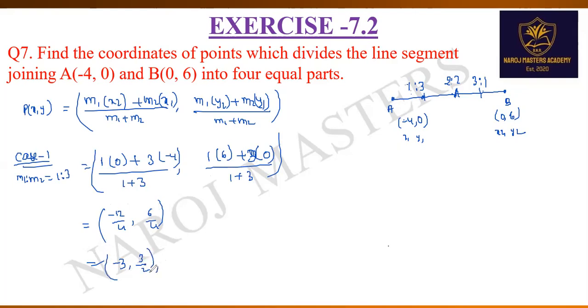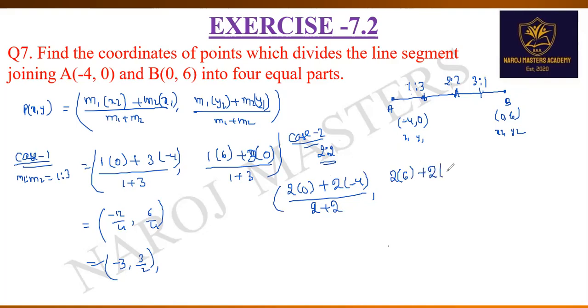So that is the answer for one coordinate here. If you take m1 is to m2 equal to 2 is to 2, this is case 2. Then 2 into 0 plus 2 into minus 4 by 2 plus 2, comma 2 into 6 plus 2 into 0 by 2 plus 2.